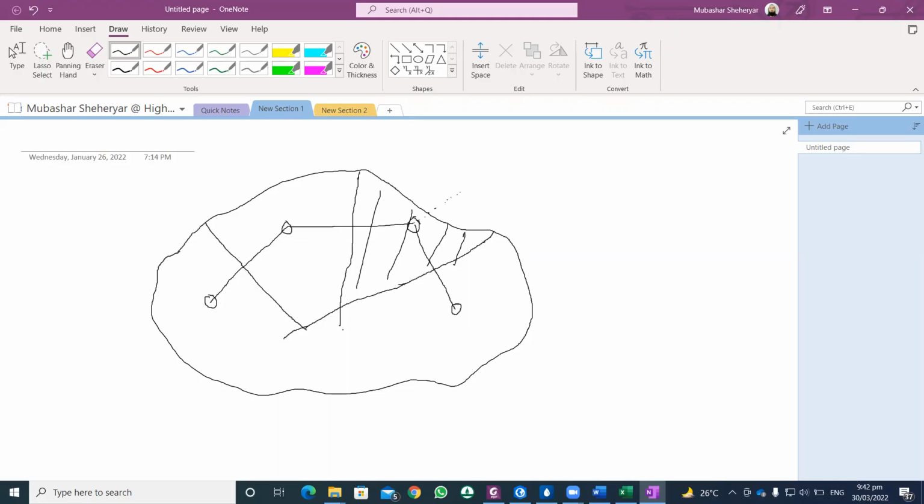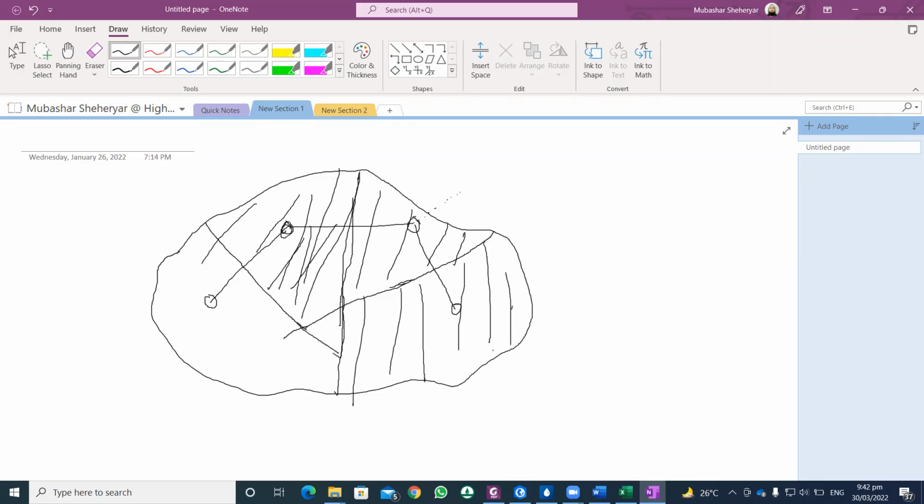So based on the perpendiculars to these pipes, this area is assigned as the Thiessen polygon to this node, and similarly this polygon is assigned to this node, and this polygon is assigned to this node.